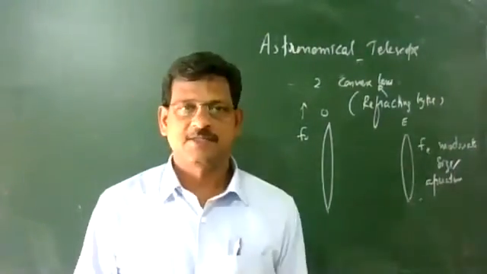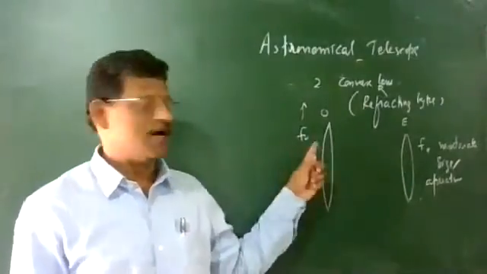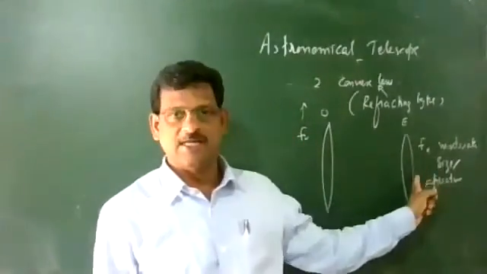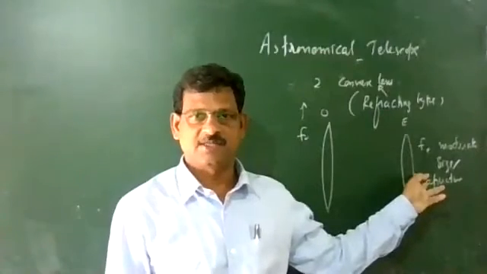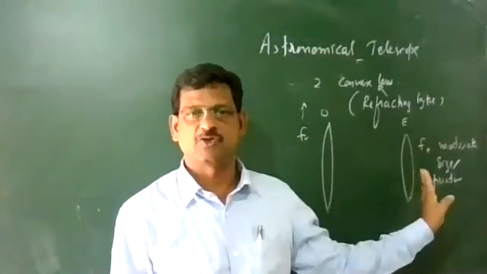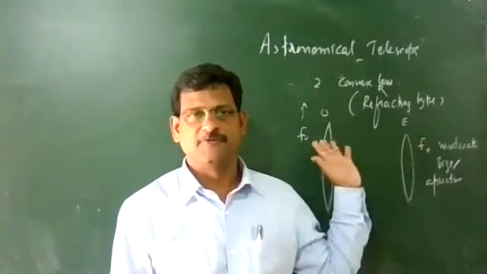So two lenses: one is the objective lens of large focal length and large aperture, and the second one is the eye lens, of moderate focal length and moderate size.